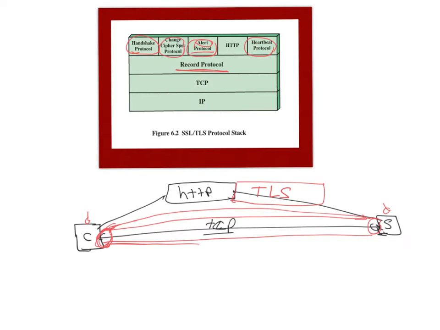By the end of this, you have a specific set of parameters. We call them a cipher spec, which corresponds to the security association in IPsec. A cipher spec is a set of security parameters for this session.